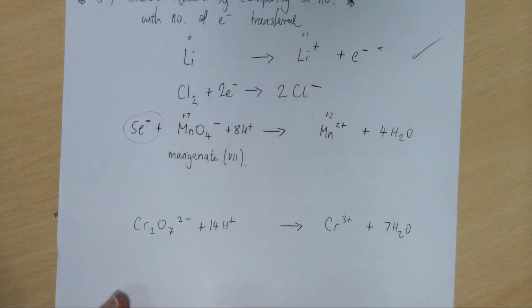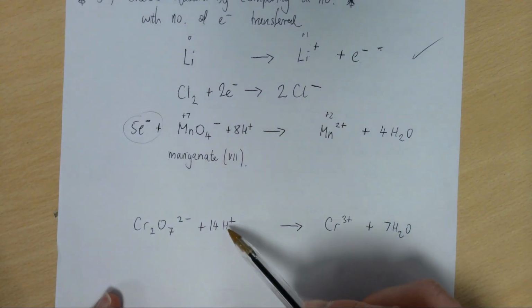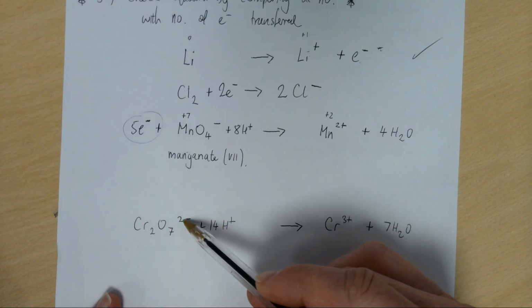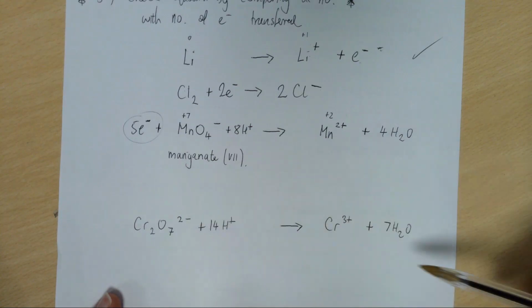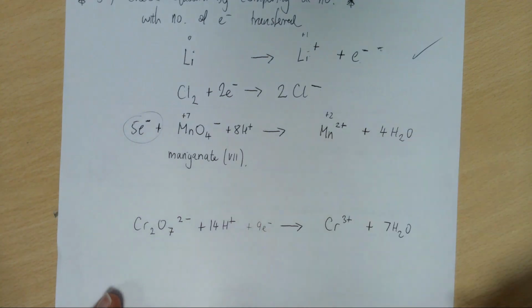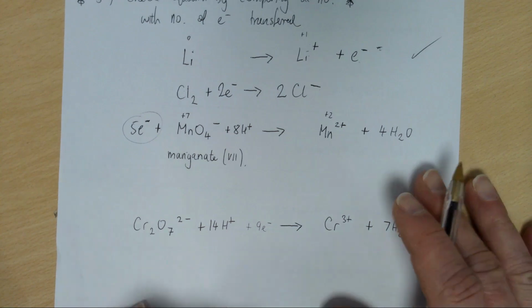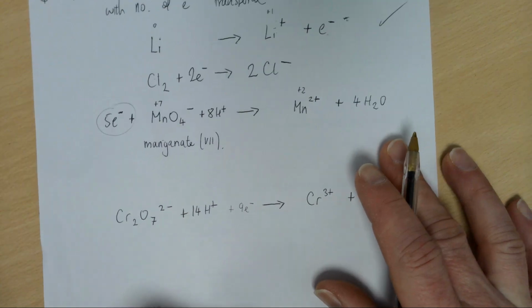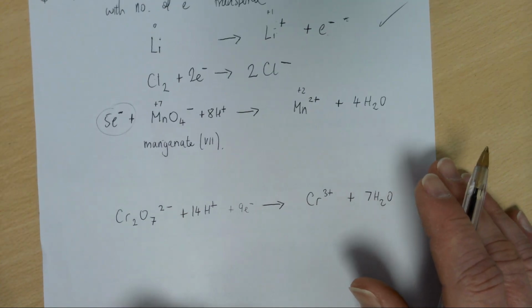And then we balance the charges using electrons. So we've got 14 on this side, take away 2, so we've got +12 on this side and +3 on this side. So we add 9 electrons there. And then we check to see that's right, don't we? How do we check to see it's right? Talk us through if it's right, please.